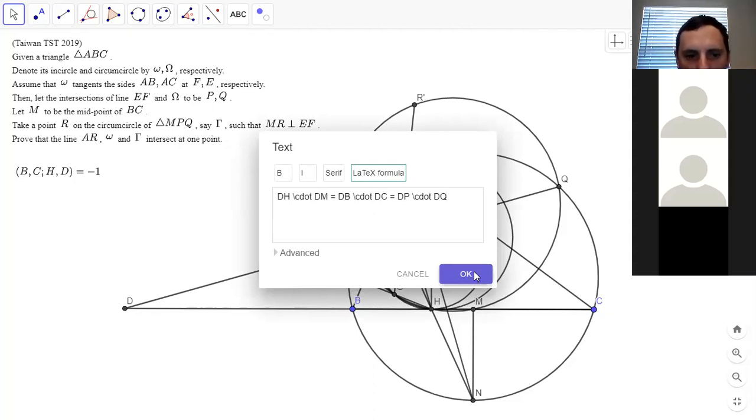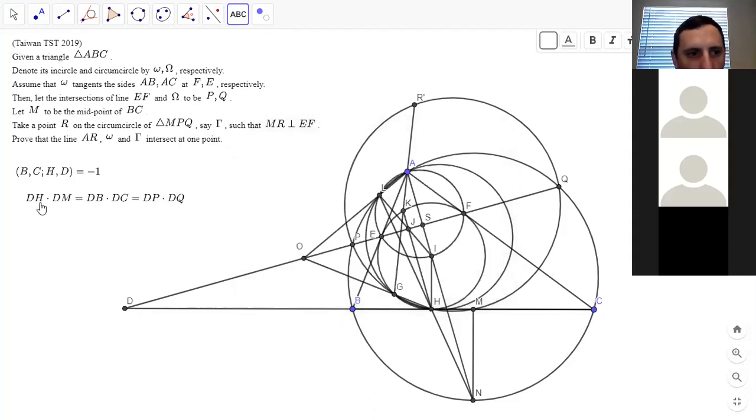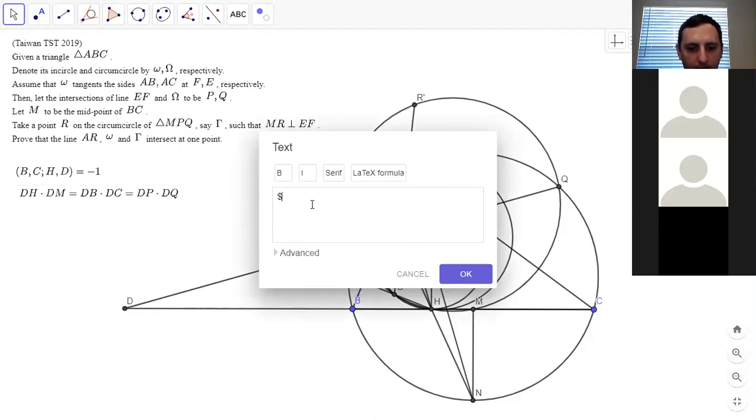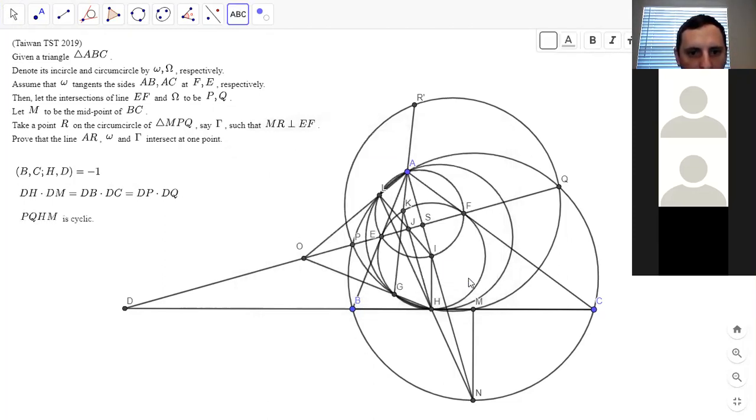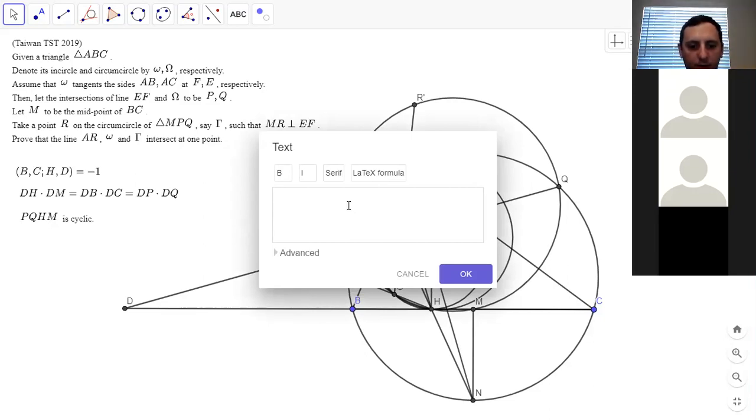And so that means PQHM is cyclic. And then once we know that, let the perpendicular from H to EF intersect the circle at K.